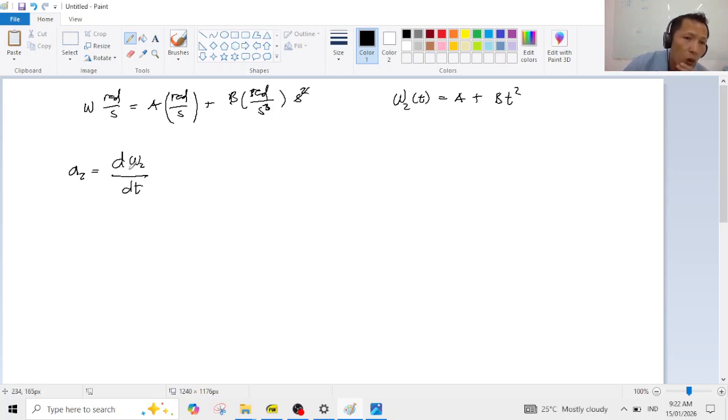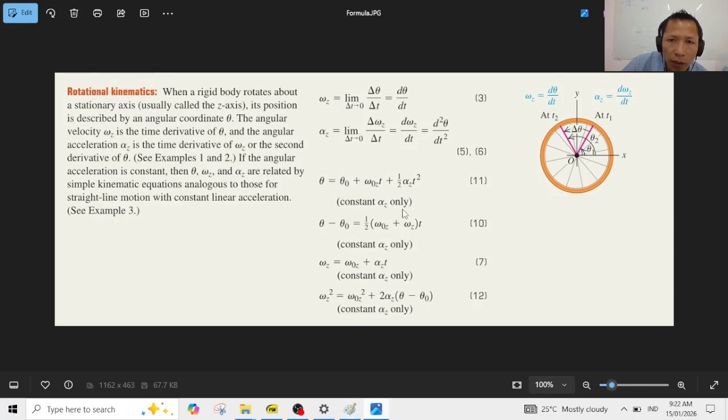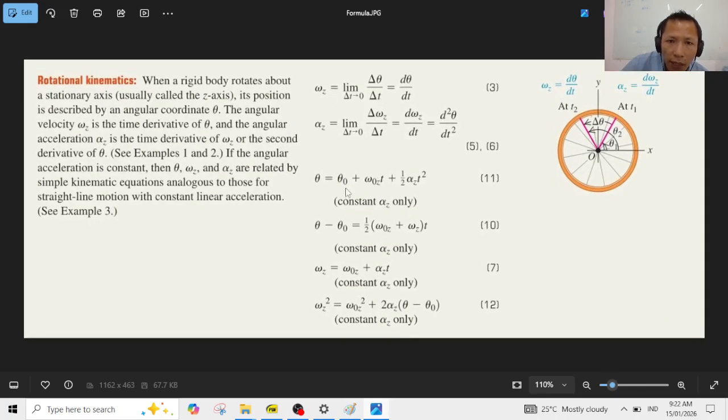Just like acceleration is the derivative of velocity with respect to time.